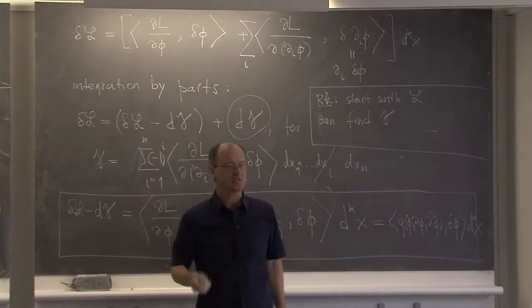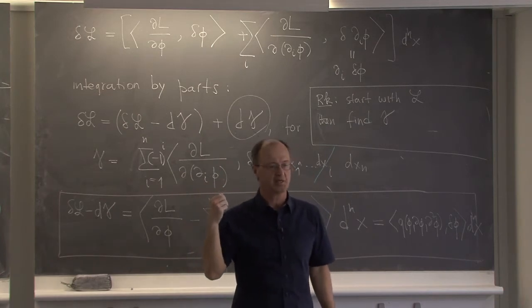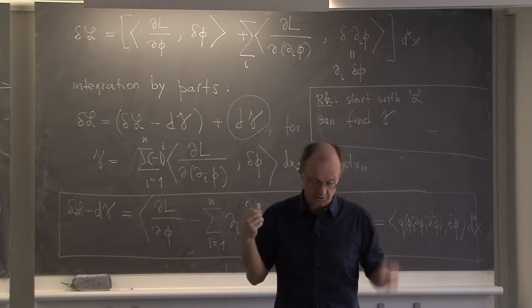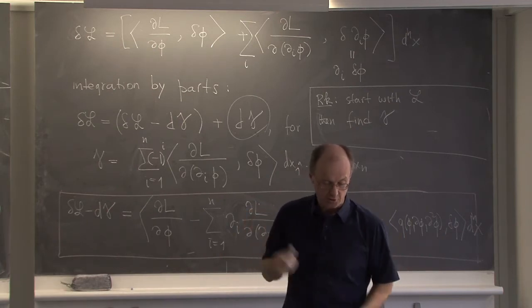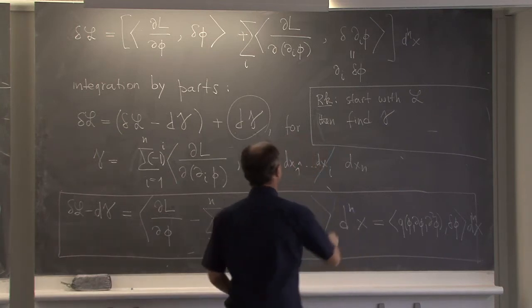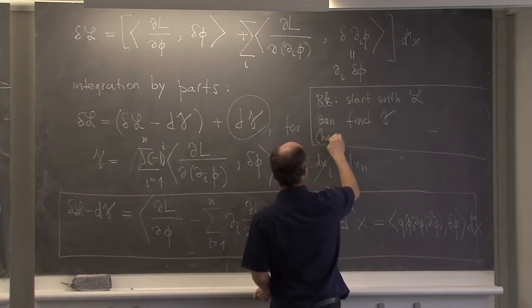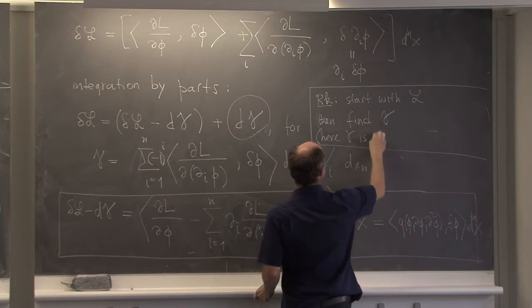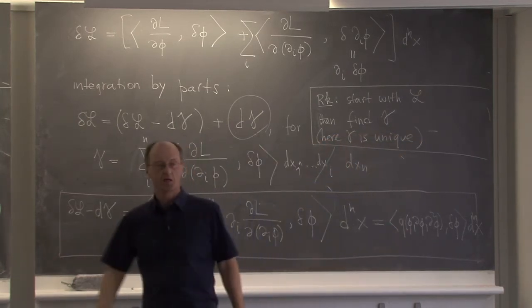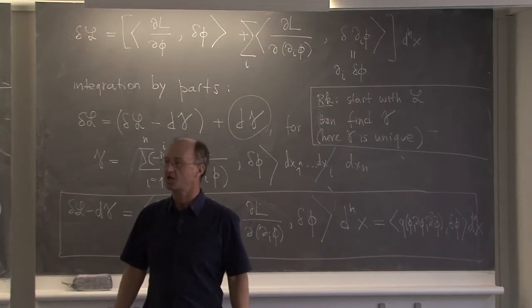It turns out that in the setup that I showed you today, gamma is unique under some conditions. And that's the topic of exercise 4. But in more complicated field theories, gamma may not be unique.